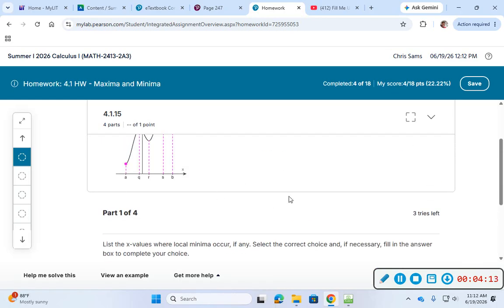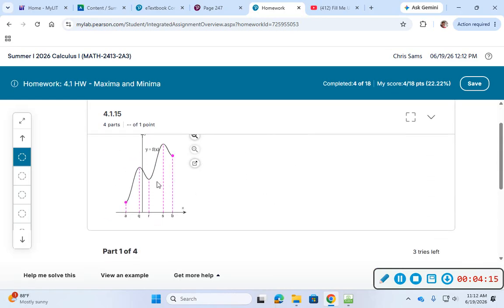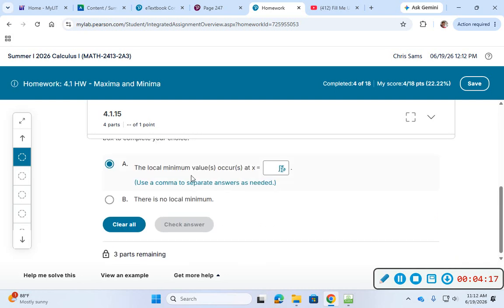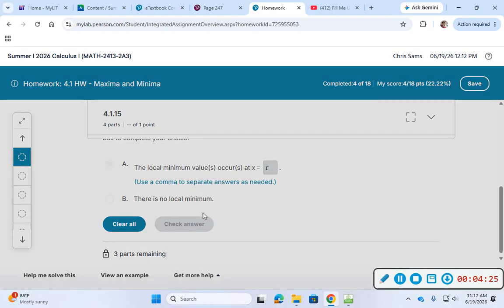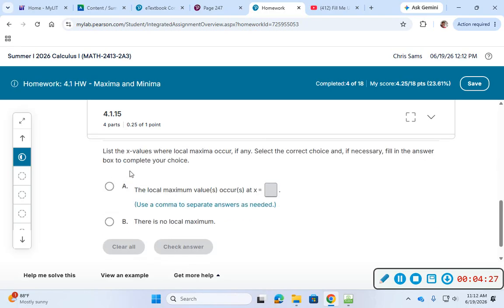This is a little bit strange. We should be able to type in R for local minimum. X equals R. Okay, not sure why I wasn't doing that a while ago. All right, so R is our local minimum.